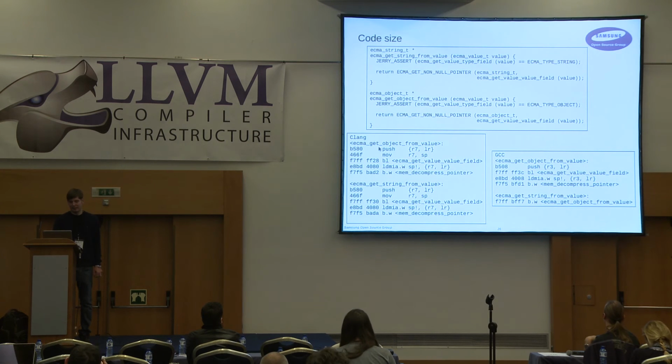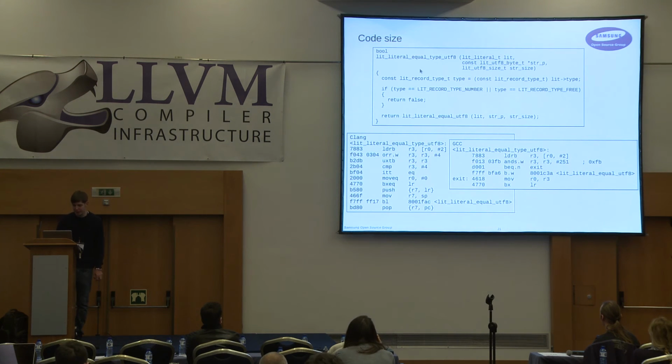GCC is a bit smarter here, so it actually detects this redundancy, and the ECMA get string from value is just forwarded to the ECMA get object from value. I know that we also have a same code merging pass in clang, but it seems it doesn't detect this particular case.